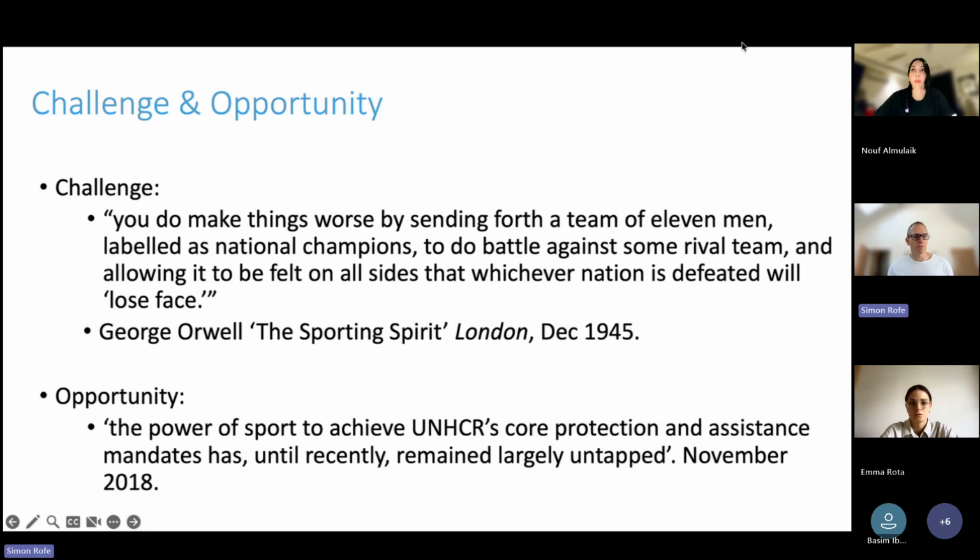And again, that might be some nuance to the English language, which I would acknowledge. And George Orwell's article, The Sporting Spirit, I thoroughly recommend, and I hope translates as well as it is written in English.